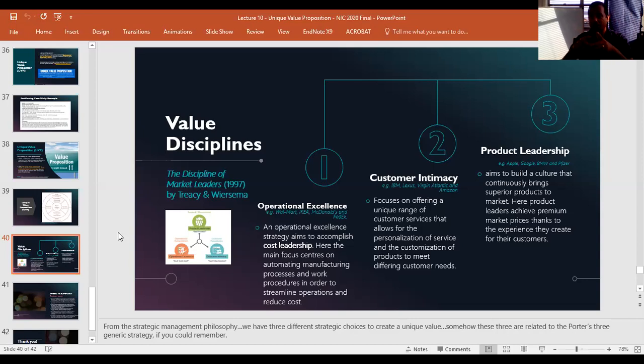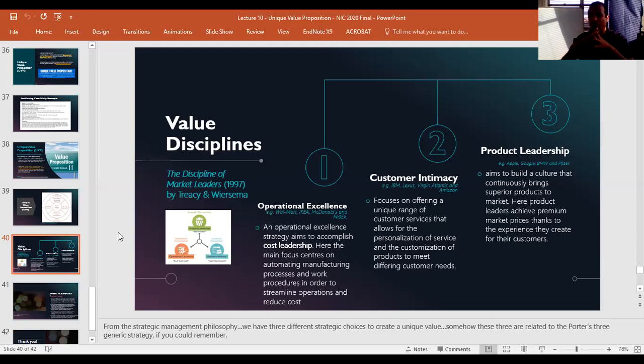Okay. If you could remember, in the last class we talked about Porter's generic strategy. Porter's three generic strategies. Now, are you able to recall what are those three? It was cost leadership, focus, and differentiation. Exactly. So somehow these three are related.